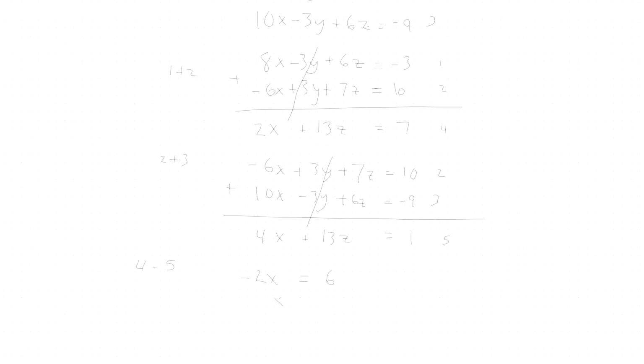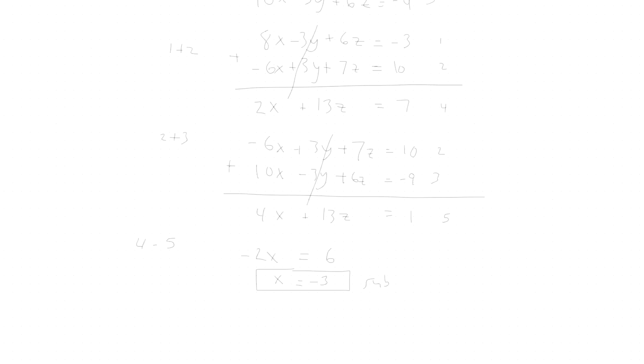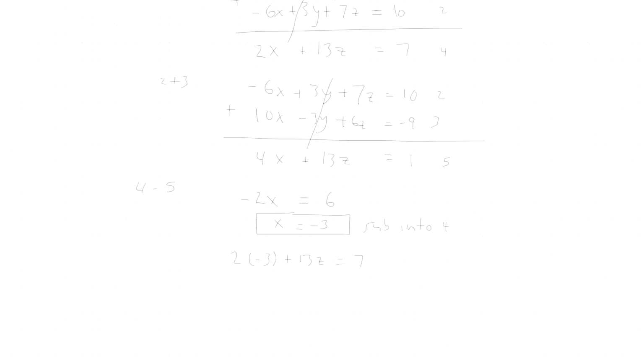Okay, so we got x. Now we're going to substitute that into equation 4. So 2 times negative 3 plus 13z equals 7. 2 times negative 3 is negative 6, plus 13z equals 7. You're going to add 6 on both sides.